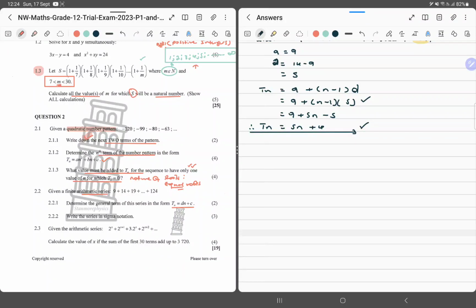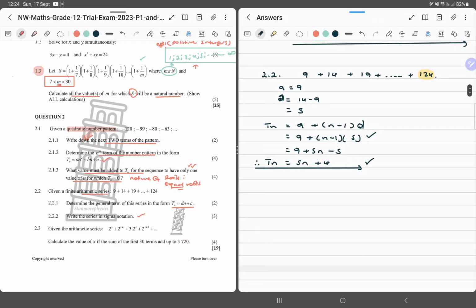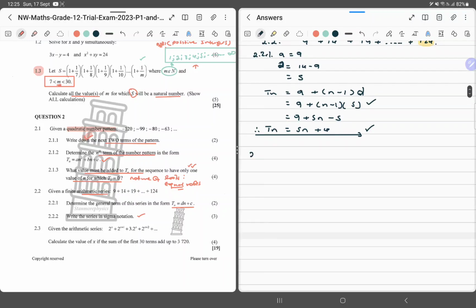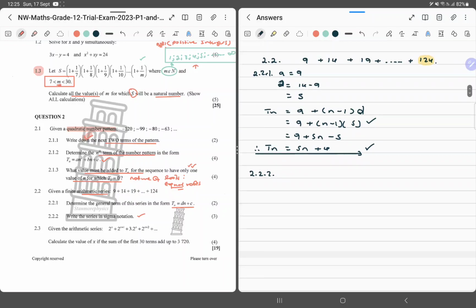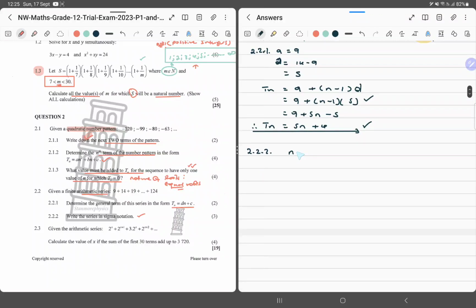Now, it says, write the series in sigma notation. Okay, so this was 2.2.1, and then 2.2.2. If we want to write this in sigma notation, maybe let's just say we want to know the number of terms first.